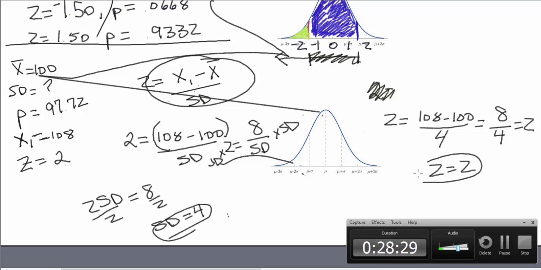Z equals 2, which is what we found at the beginning of the problem. So you can work all the way down to your answer, and then plug it back into the formula, solving for something that you already have. We could have solved for our raw score, or we could have solved for the mean to check our work. For me, it was easiest to solve for z, so that's what we did there. We got the same number as before, so we know that we completed this problem correctly.